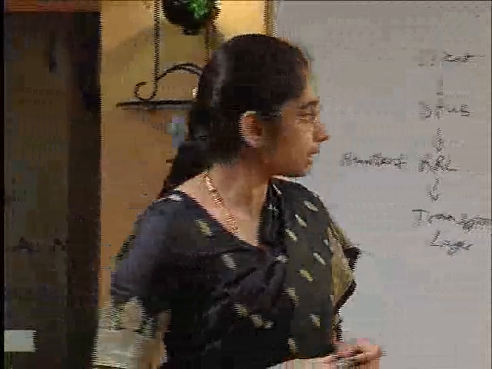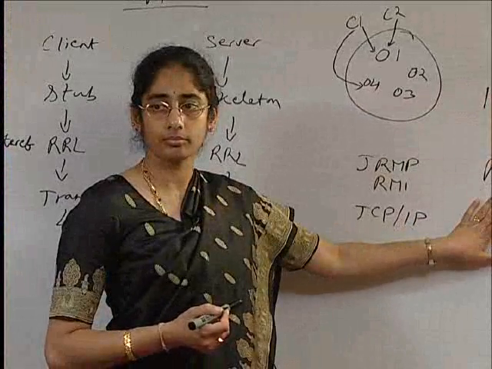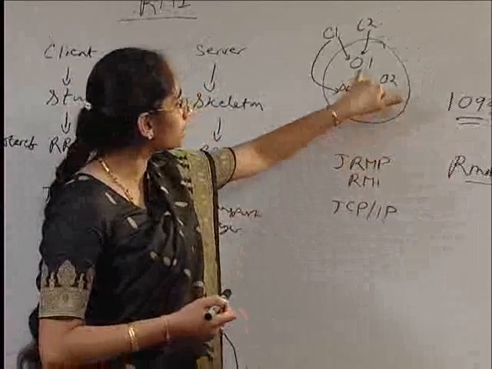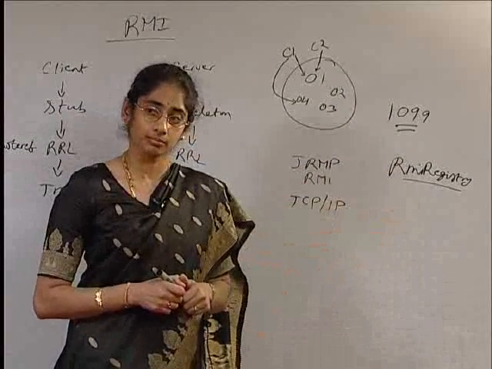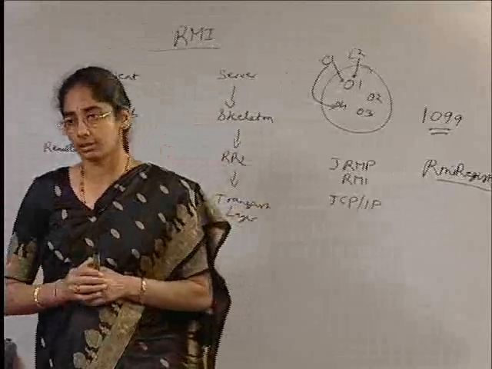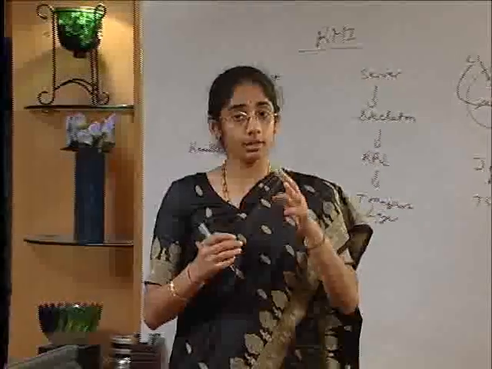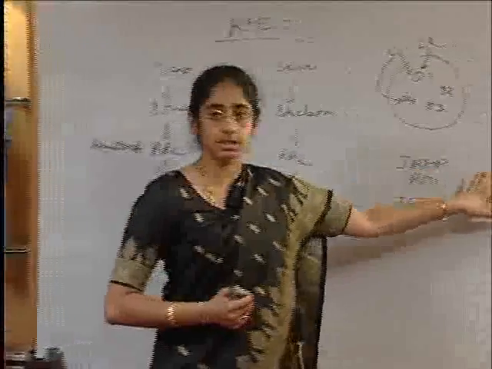This RMI registry is nothing but a naming space on which the objects are placed. So, I place the references of O1, O4, O2, O3 onto the RMI registry. Now, the RMI registry itself is another application, so it is a different JVM. We therefore have 3 JVMs: client, server and the registry JVM.